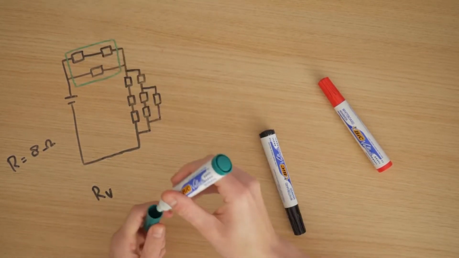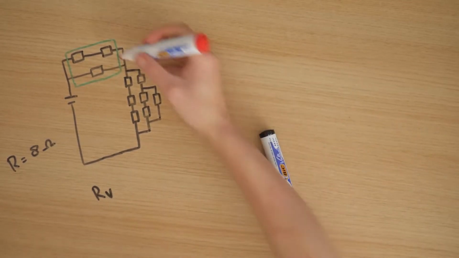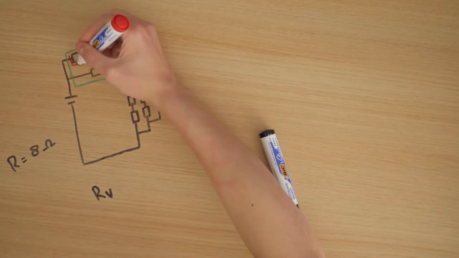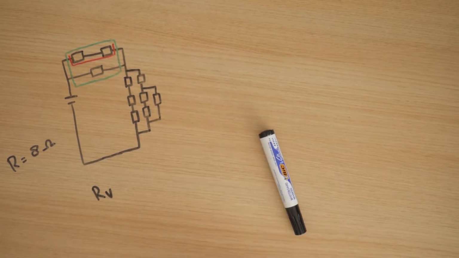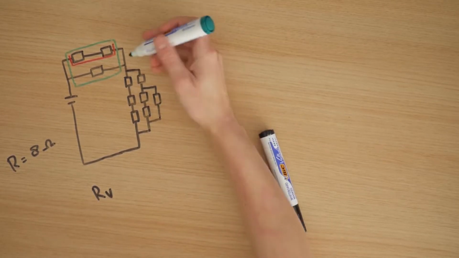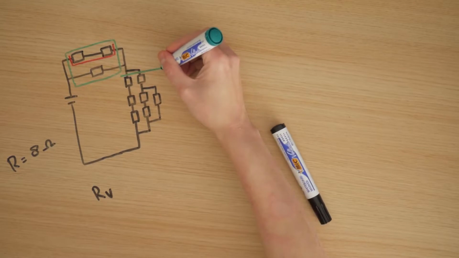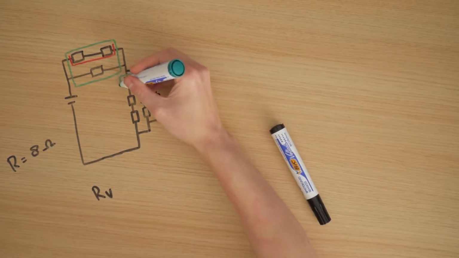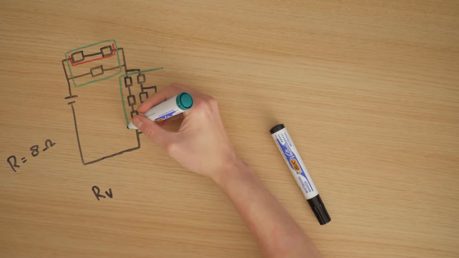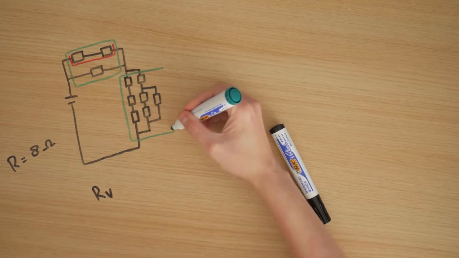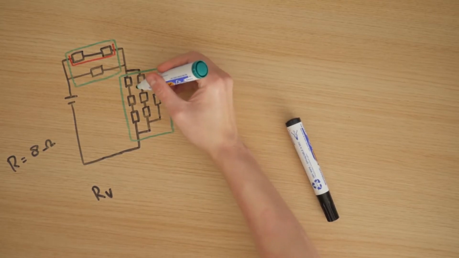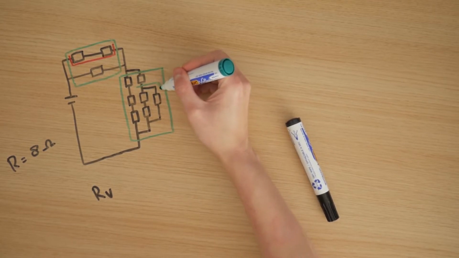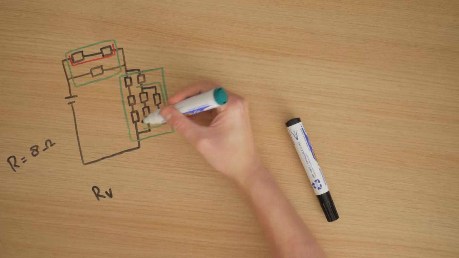I can see here some series part of the circuit. All right. I can see another parallel part of the circuit over here. But within that parallel circuit, I can see another parallel circuit right here.